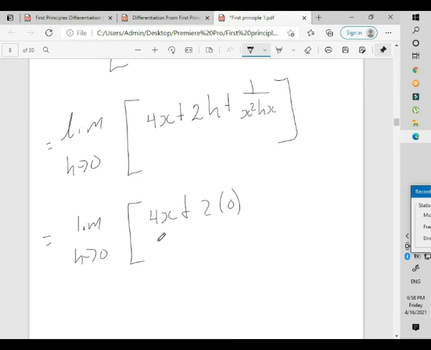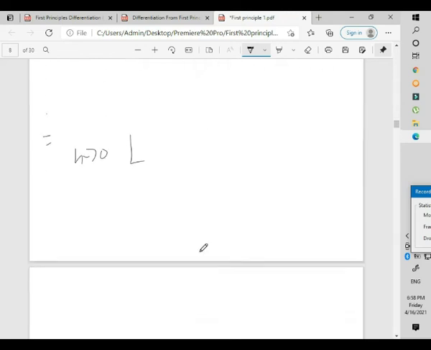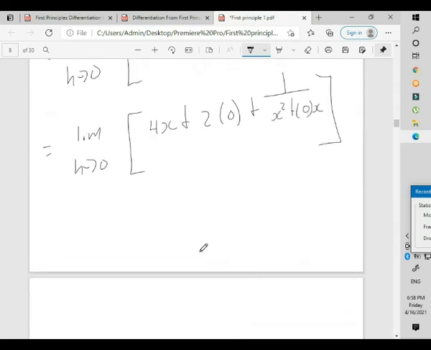So 4x plus 2 times 0 plus 1 over x squared plus 0 closing bracket x. We know this is going to give me 0. This is going to give me 0 as well. So dy over dx is equal to 4x plus 1 over x squared.